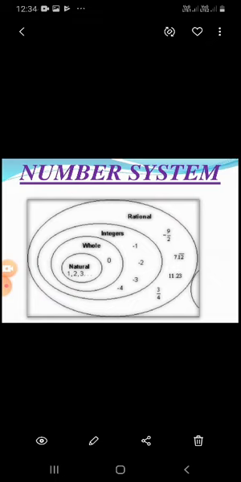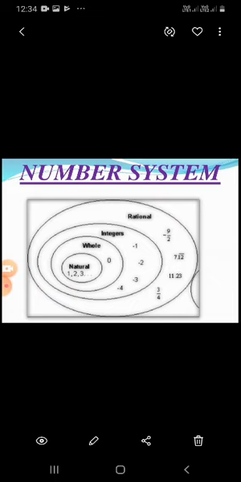All these positive numbers are known as natural numbers, and the symbol of natural numbers is capital N. In the set of natural numbers, there is no place for any fractional number, any negative number, or any decimal number. So this is very important.